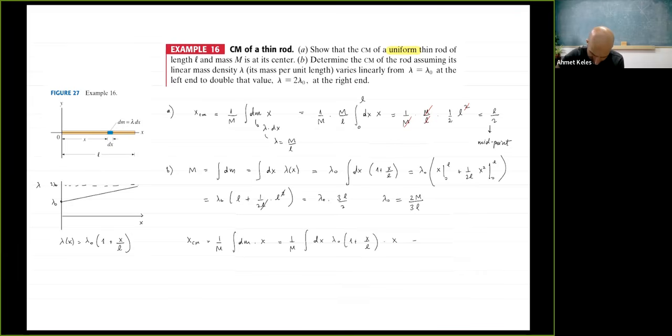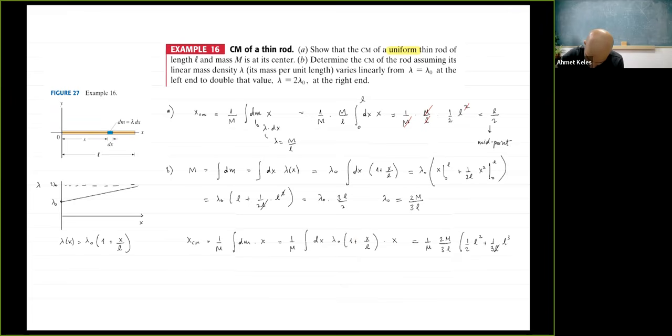And if I calculate this integral, I have 1 over m times 2m over 3L. And the first integral will give me 1/2 L squared, plus 1/3 L cubed.